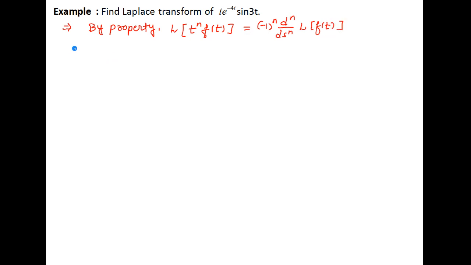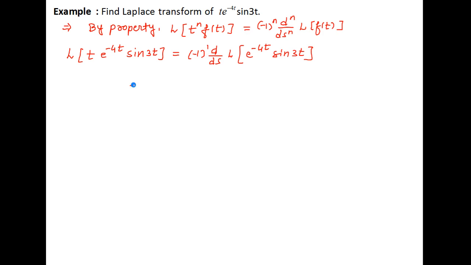So using this property here we can write the Laplace of t e to the power minus 4t sine 3t equal to minus 1 raised to 1, because here power for t is 1, d upon ds, then first order derivative of Laplace of function other than t, that is this e to the power minus 4t sine 3t.